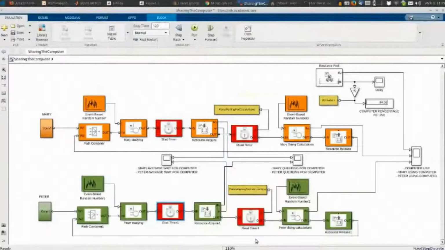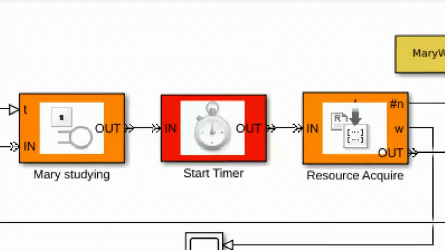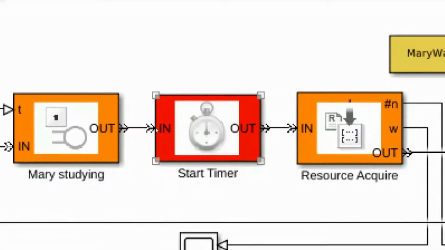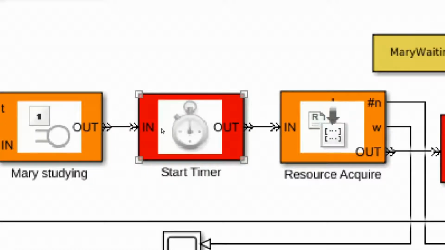And the important thing, the timer starts when an entity arrives to the block. So this timer will start when an entity comes to this block. But every time an entity enters this block, the timer must start again.